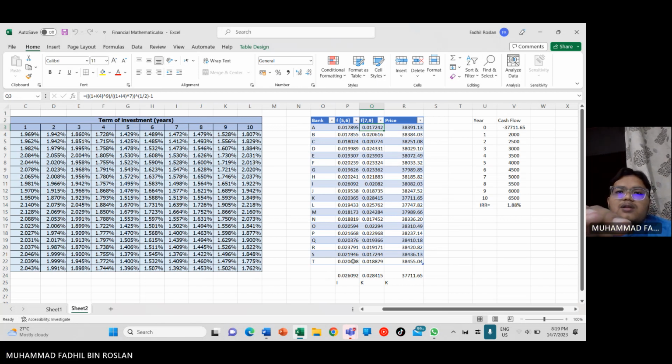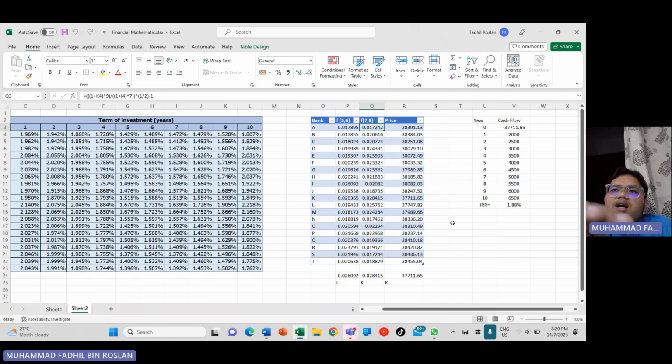From the Excel, the highest forward rate for 5 until 6 is 0.026092, from bank I. For the second question, bank K has the highest forward rate, 0.028419. So that's question 2.